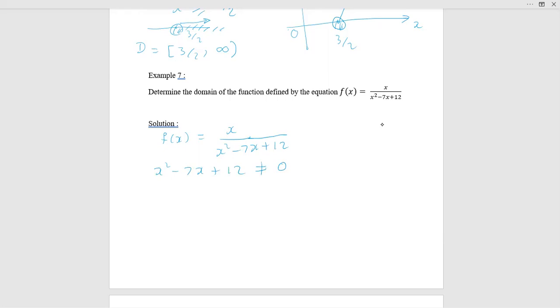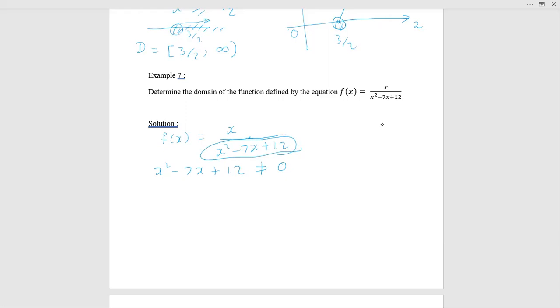A positive divided by a negative is a negative, and a negative divided by a positive is a negative, right? You know those rules. The only time the function is undefined is if the denominator is 0. Therefore, we say the denominator should not equal 0.